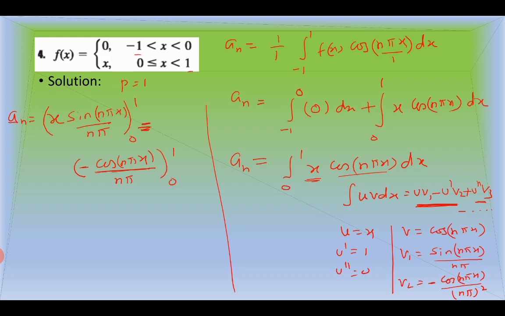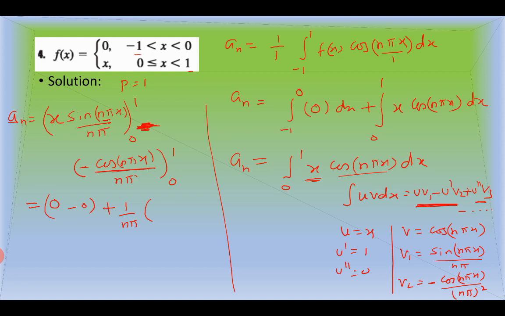And this minus and minus will be positive here, right? First term, x is 1, sin n pi will be 0, so everything will be 0. x is 0, everything will be 0. First term gives everything 0, plus cosine 1 over n pi, 1 over n pi, isn't it?